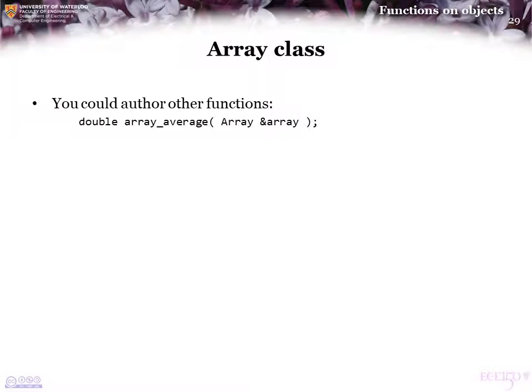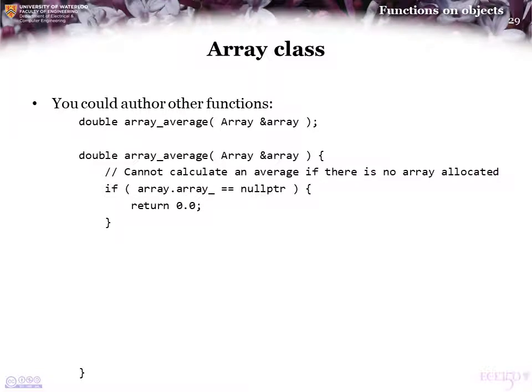You'll remember before we implemented a function that calculated the average of the entries of an array. We could do that with this class as well. So here's our array average function. Now, once again, we have to check, just in case the member variable array is null pointer, there's nothing to calculate, so we're just going to return 0 as the average.